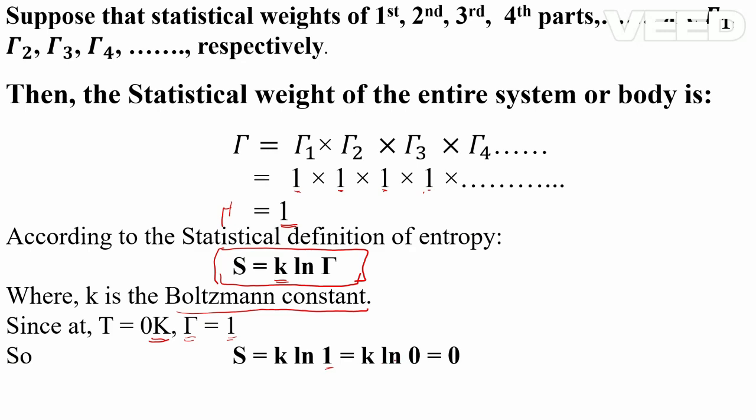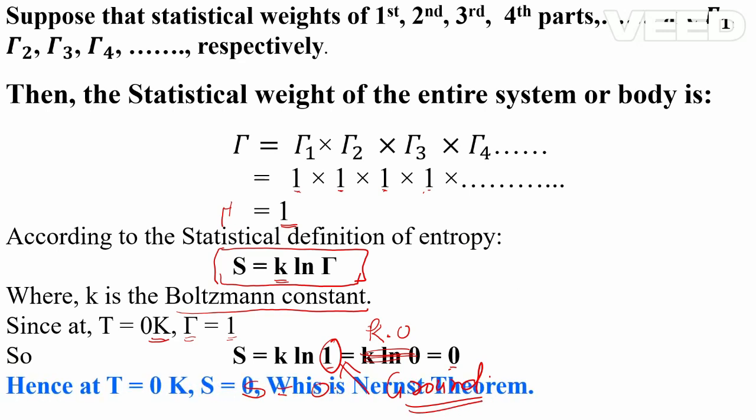Log 1 is equal to 0, so k into 0 is equal to 0. So at temperature 0 Kelvin, entropy is 0, because the statistical weight, or number of quantum states, of the body is only 1, which is the ground state. Hence at T equal to 0 Kelvin, S is equal to 0, which is Nernst theorem. This is its proof.